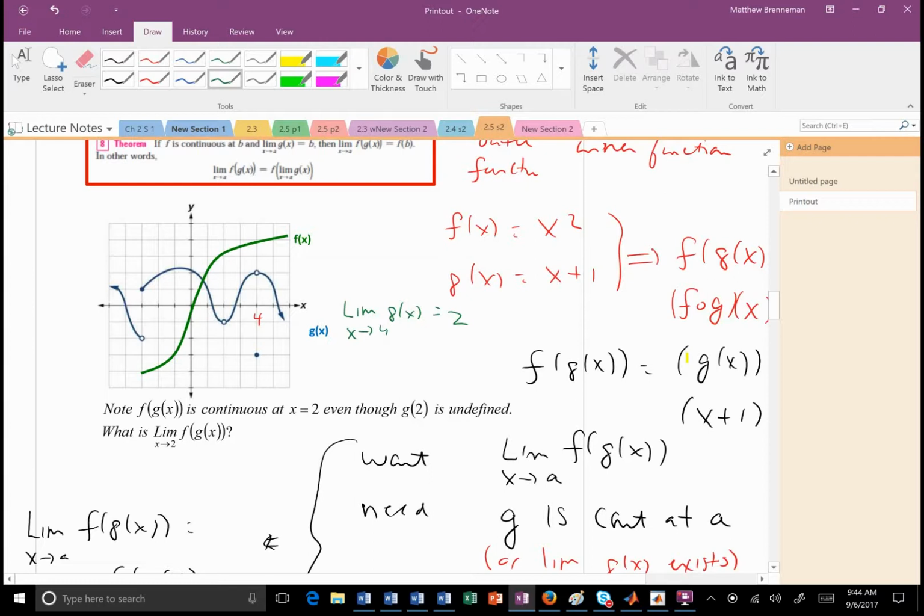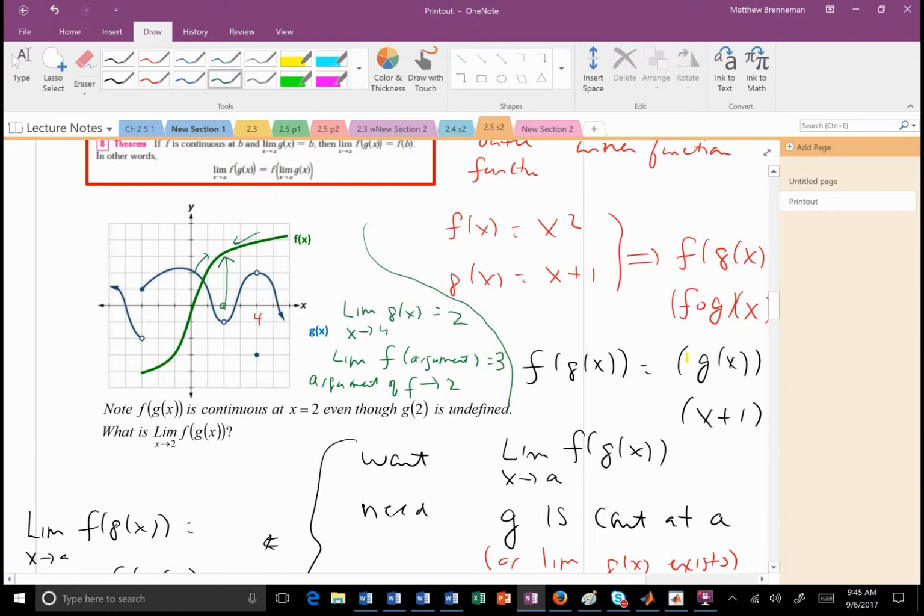So the idea is that this approaches 2, but here the argument of f is really g of x. So we ask: what is the limit as the argument of f approaches 2 of f of whatever's inside, which here happens to be a function? And we can see that that's equal to 1, 2, 3. So that's our answer.